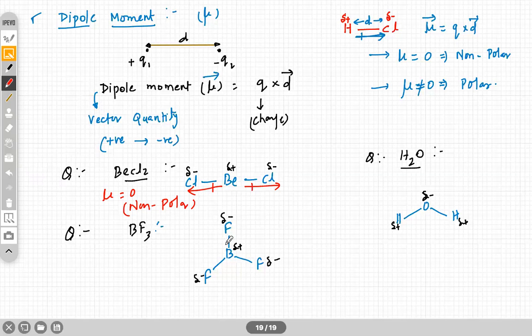For this one, you see, we have dipole moment in this direction, dipole moment in this direction. And for this bond, we have dipole moment positive to negative in this direction. So for these two, we have a resultant in this direction. For these two dipole moments, you must have studied vectors, right?